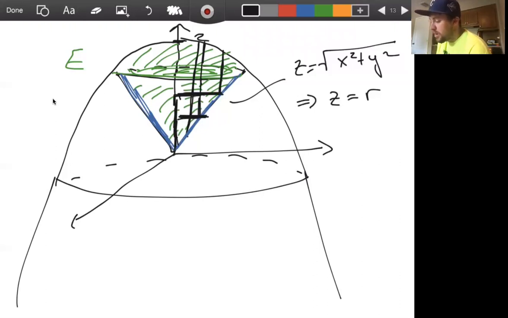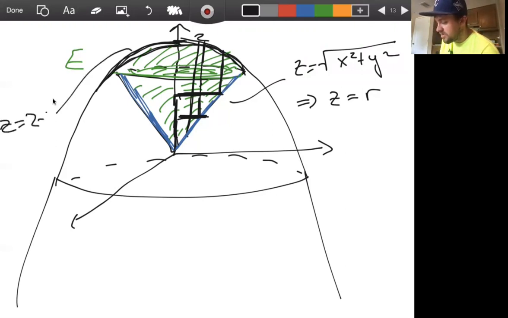Okay, what's next? What's our upper bound, right? Our upper z bound is this paraboloid. And so the paraboloid was given by z equals 2 minus x squared minus y squared. Well, you'll notice that this is equal to 2 minus quantity x squared plus y squared, which in cylindrical coordinates is 2 minus r squared.